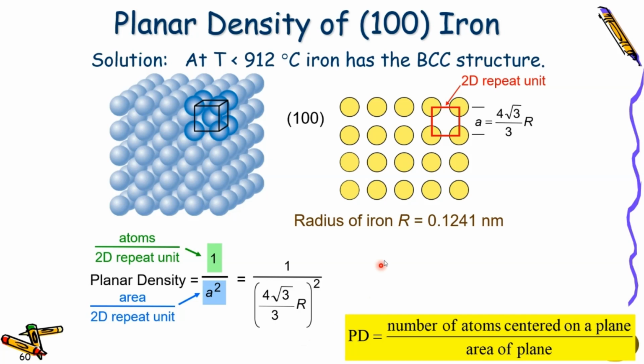Of course, I told you that the radius of the iron is 0.1241. So you put this number in here. Bring your calculator when you come to your final exam. So the answer is 12.1 atoms per nanometer squared.